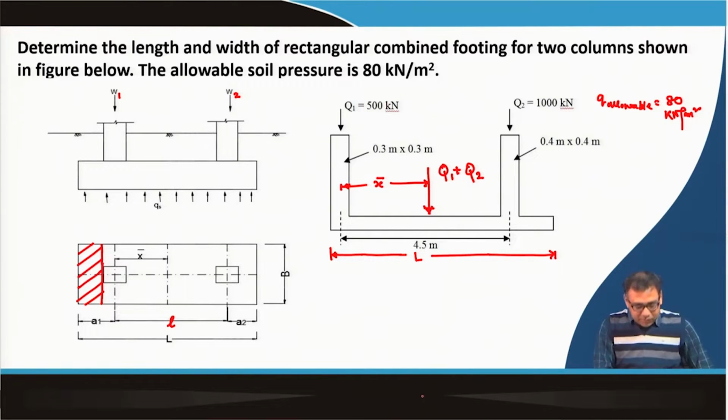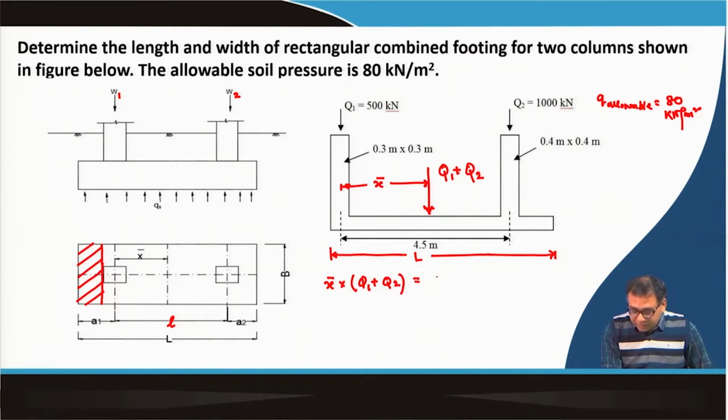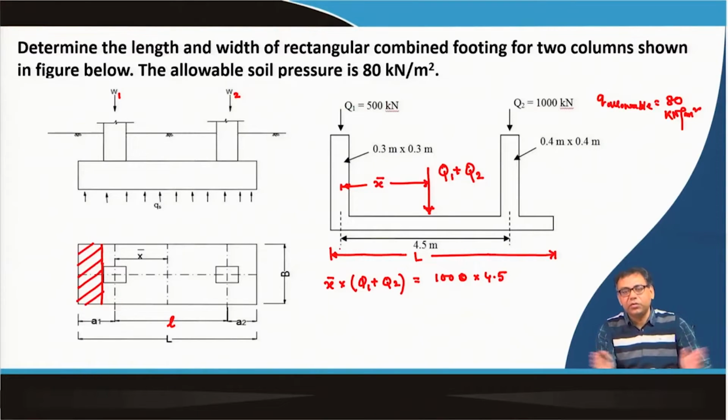Now I can say that if I take the moment, x bar into (Q1 plus Q2) will be equal to 1000 into 4.5, because the distance between the two columns is 4.5 meter.